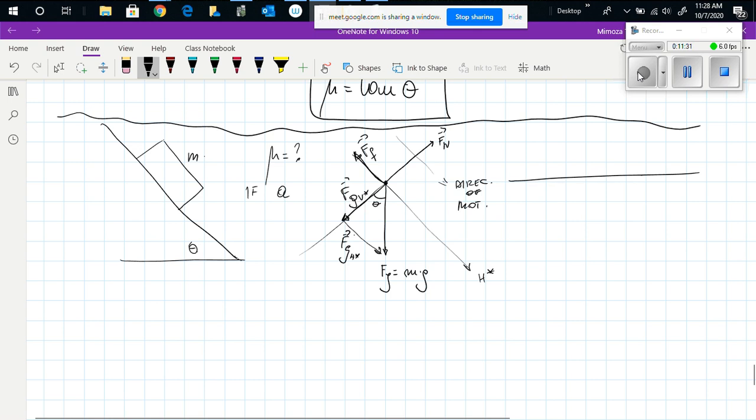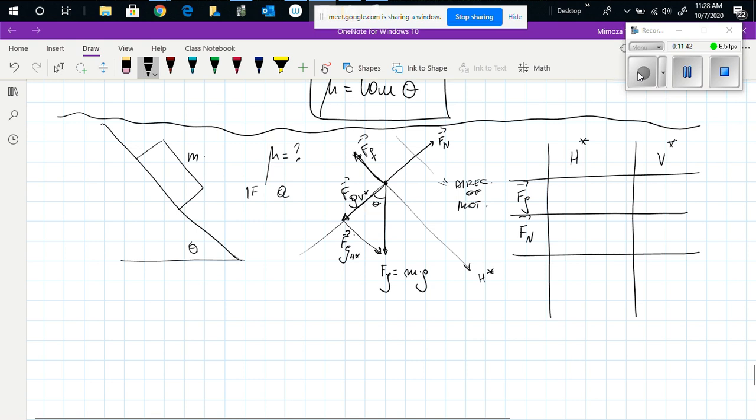So let's build the table. New horizontal, new vertical. Then we'll have force of gravity, force normal, force friction, and force net. So force of gravity in the horizontal will be mg sine theta positive, and in the vertical negative mg cosine theta.